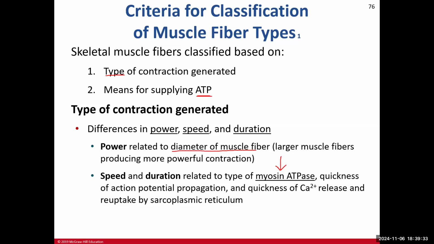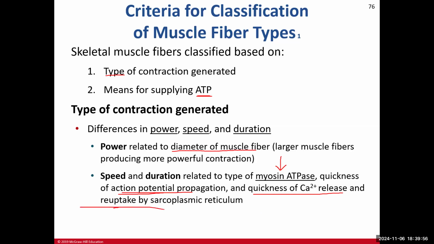So the type of myosin ATPase, and we'll talk about that. How fast we can actually create an action potential, and then also how fast we can release calcium from the sarcoplasmic reticulum terminal cisterna, and then finally, how quickly we can clean that mess up.